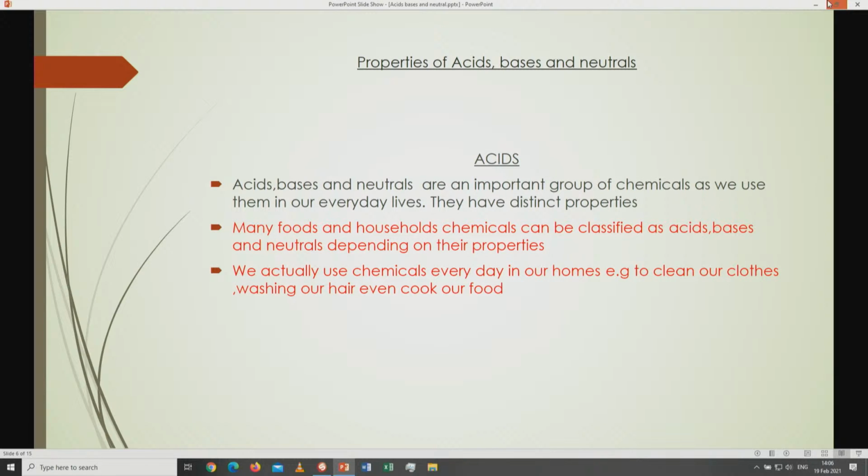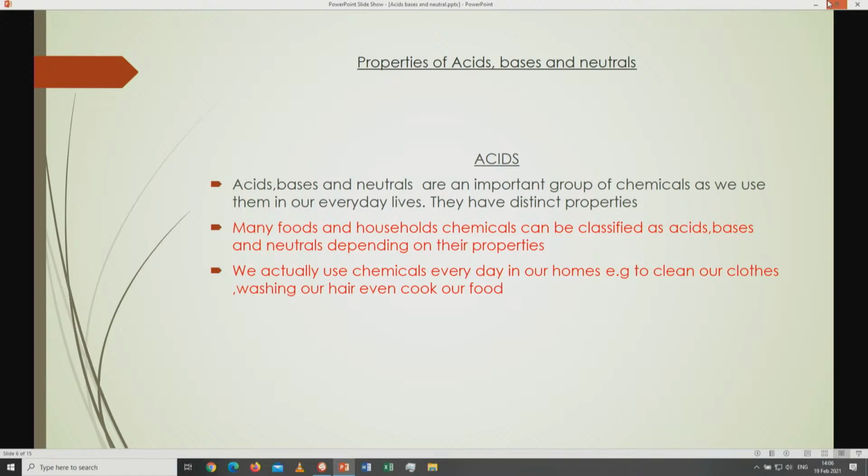Properties of acids, bases, and neutrals. Let us start first with acids. Acids, bases, and neutrals are important groups of chemicals as we use them in our everyday lives, in particular at home. They have distinguished properties.